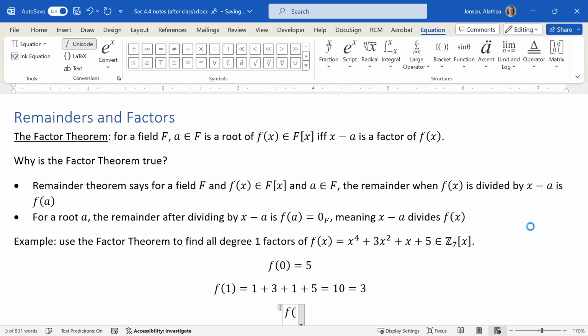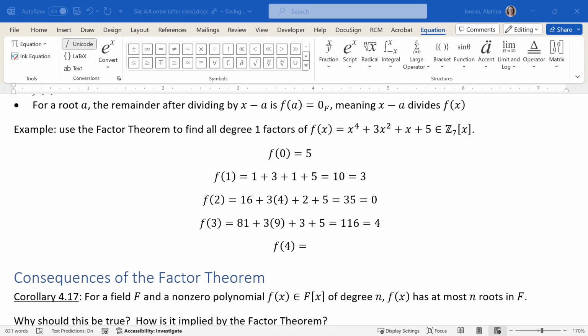All right, let's keep going. f of 2, if I plug that in, what am I getting? 16 plus 3 times 4 plus 2 plus 5. You can do this with a calculator. I'm going to pause and do it so you don't have to watch me. I did a couple while the video was paused, so I did get 0 for 2.